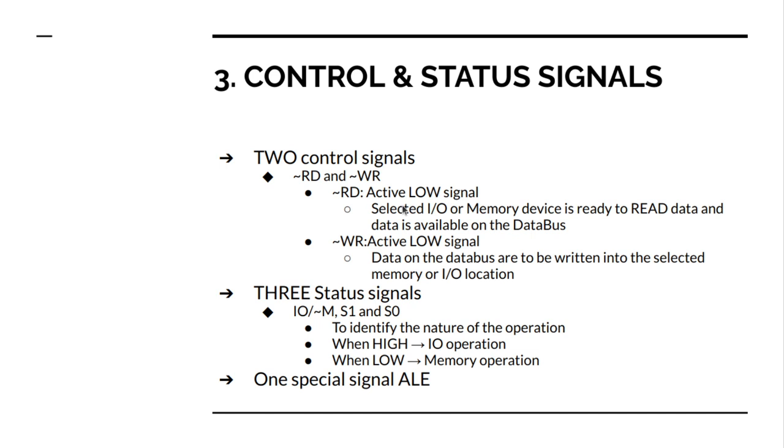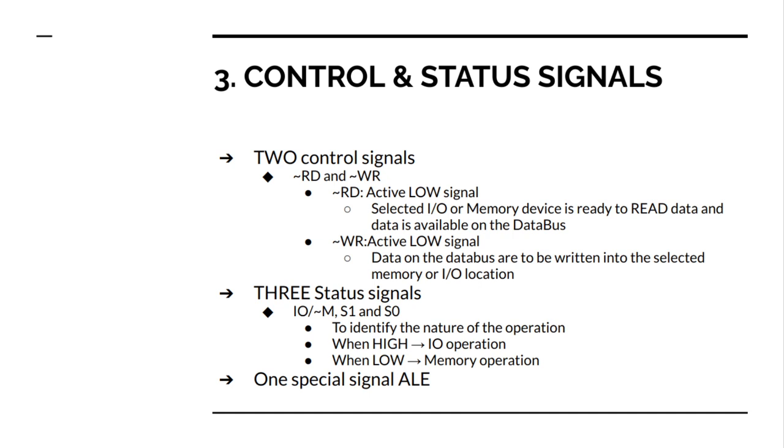That is what we call active low. When it is low, the selected input output or memory device is ready to read data, and data is available on the data bus.